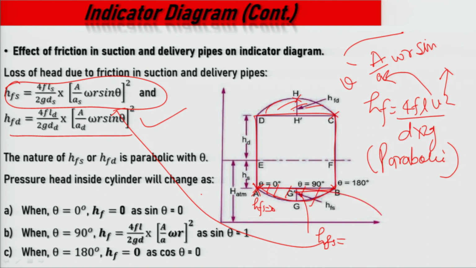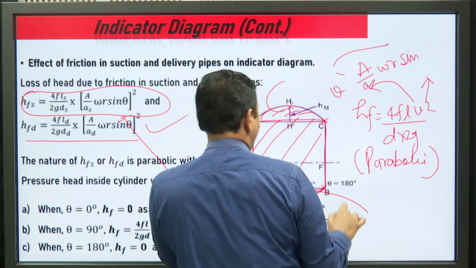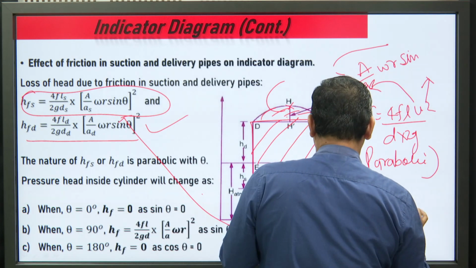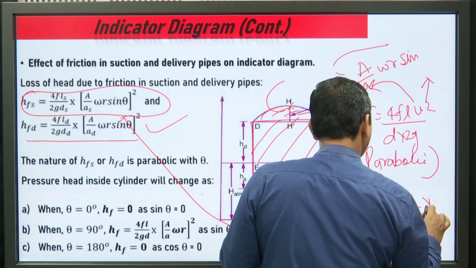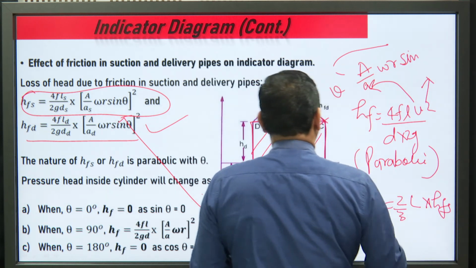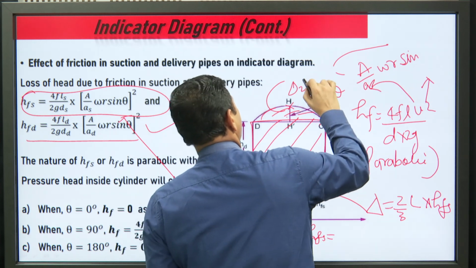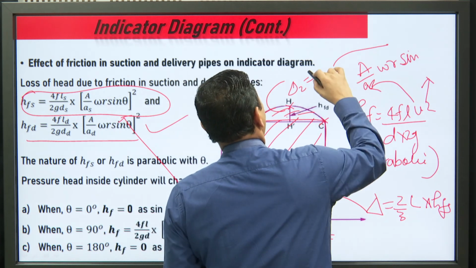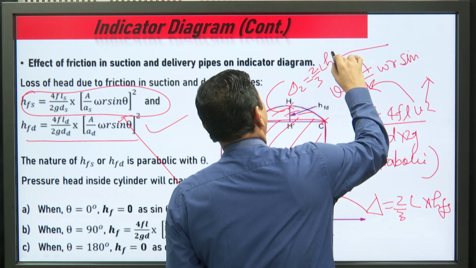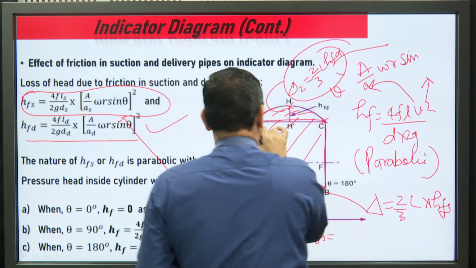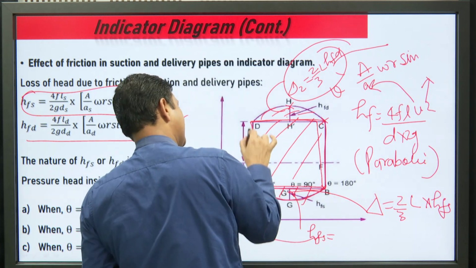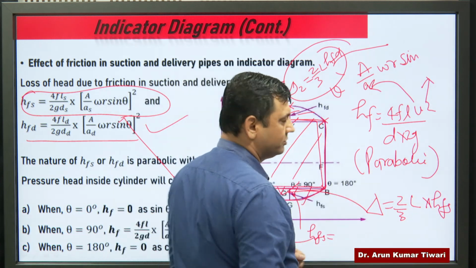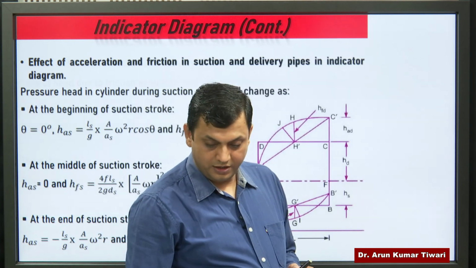The additional area, delta 1, equals 2 by 3 L into HFS. The other area, delta 2, is the parabola area, 2 by 3 length into HFD. Adding both parabola areas to the indicator area, we get the work done by the reciprocating pump.